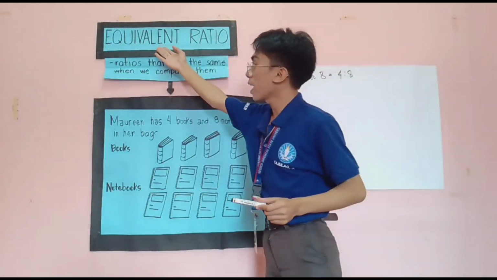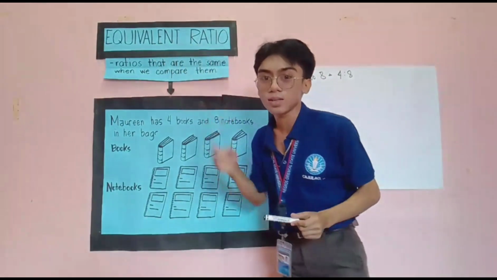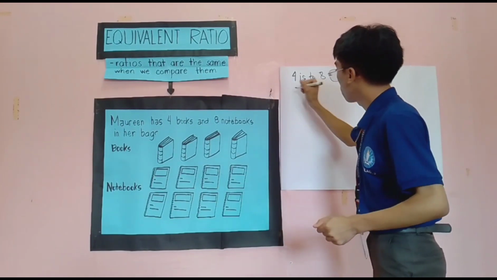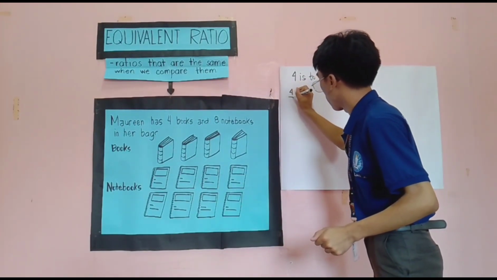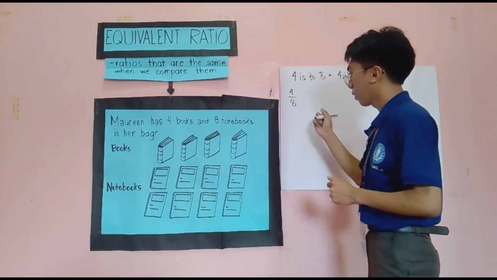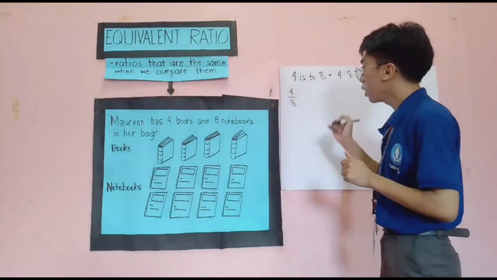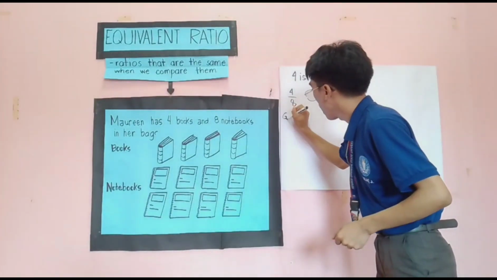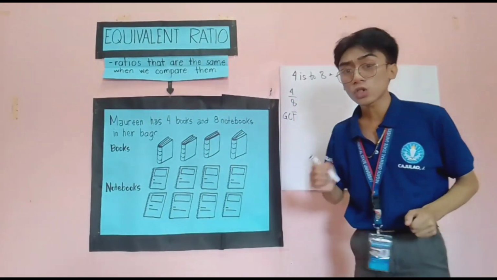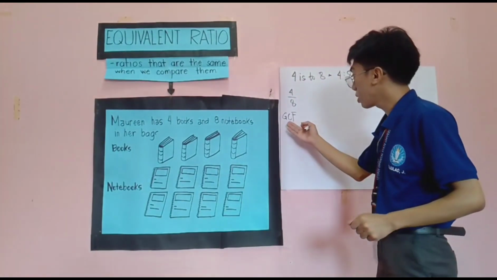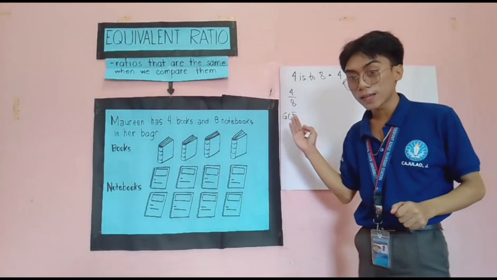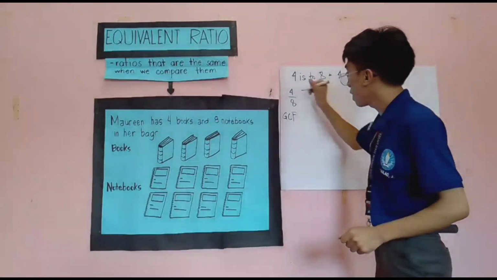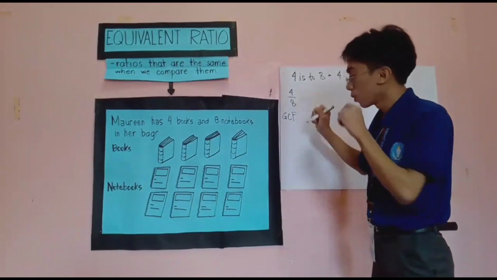So, how do we get the equivalent ratio and its simplest form? Simply, we will write it in fraction form, and we will find the GCF. The previous groups defined what GCF is. So what is GCF? Yes, the greatest common factor of these two numbers.